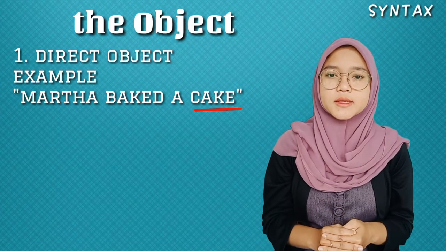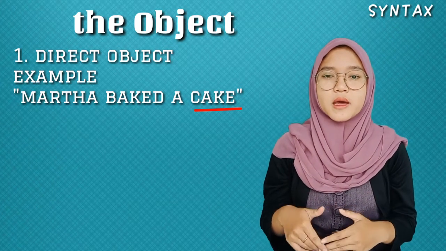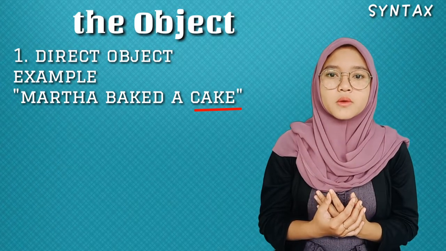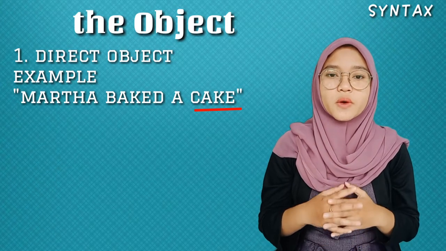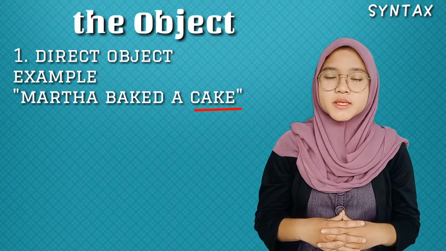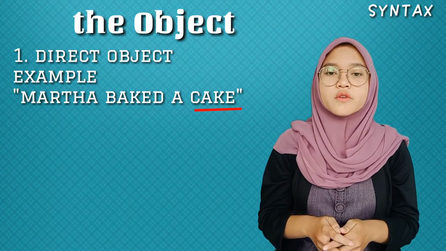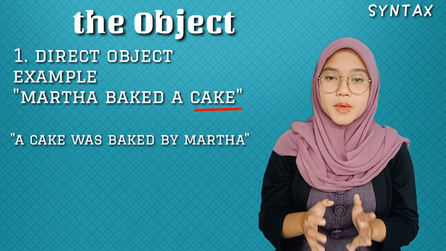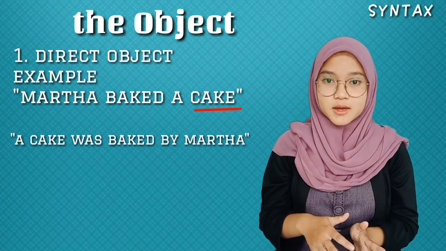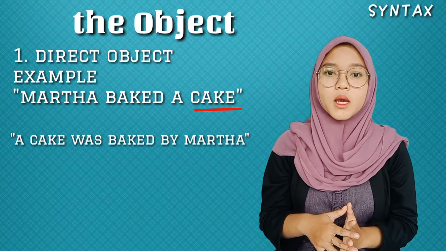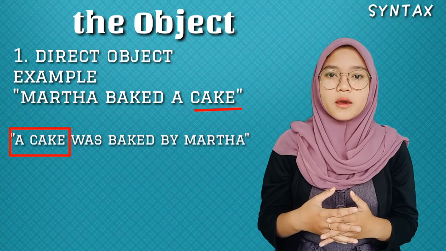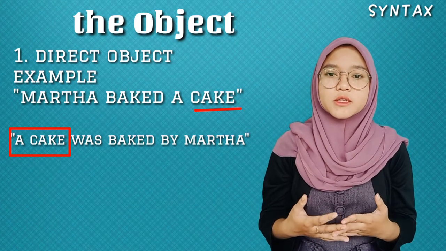Cake in this sentence is the direct object, but it corresponds to the grammatical subject in passive constructions. For example, a cake was baked by Martha. A cake in this sentence is the grammatical subject.